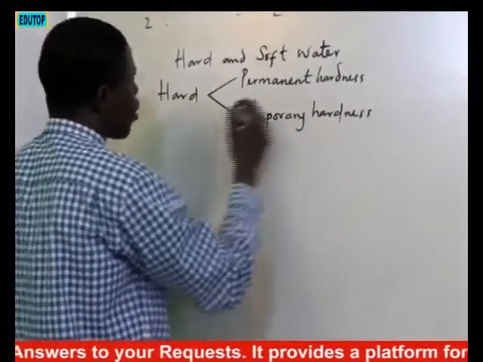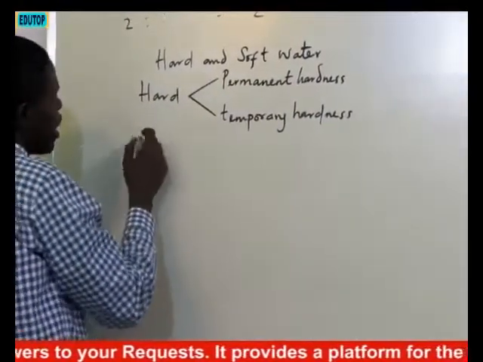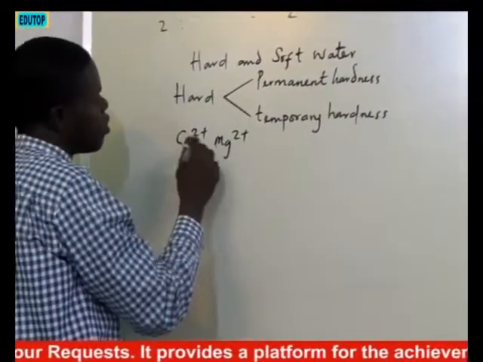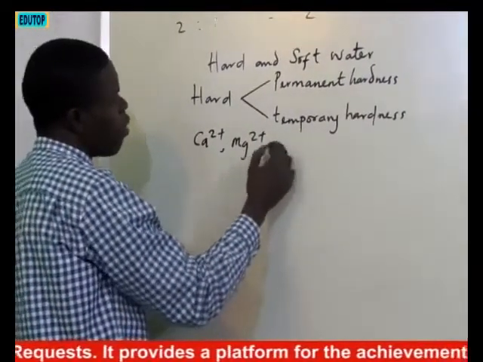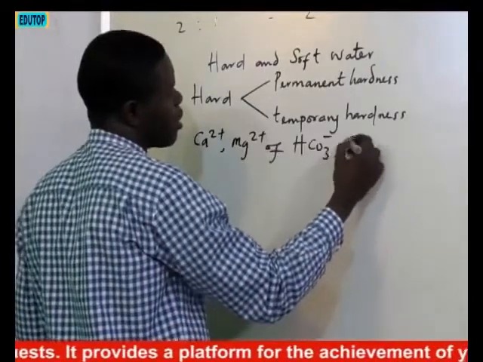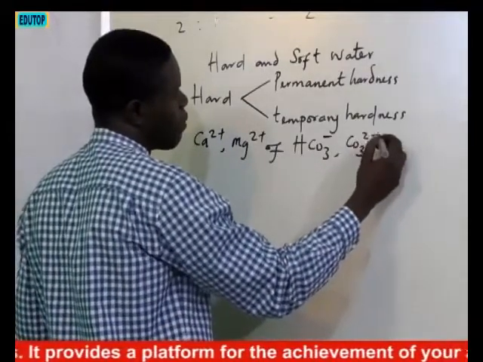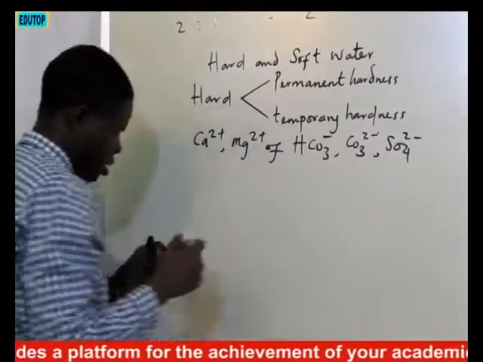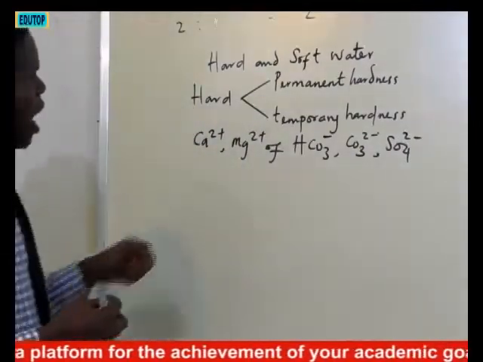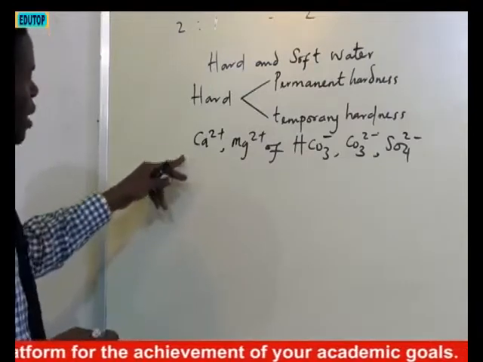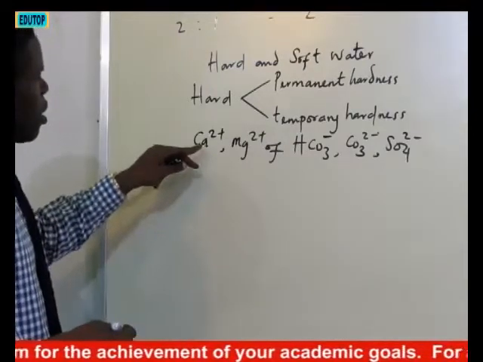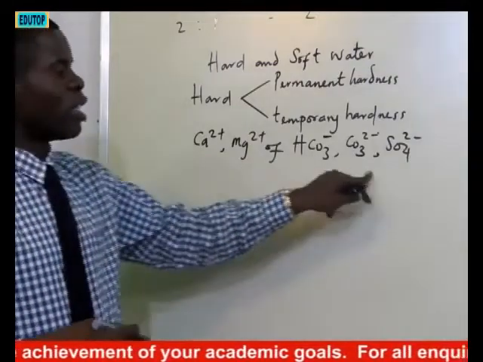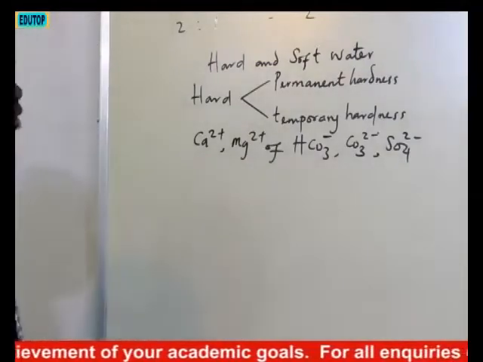So when we talk about hard water generally, we say it contains ions of calcium 2+, calcium ion and magnesium ion, of hydrogen carbonate itself, then sulfates. So what is responsible for hardness in water is as a result of what? Calcium, magnesium ions of these respective radicals.